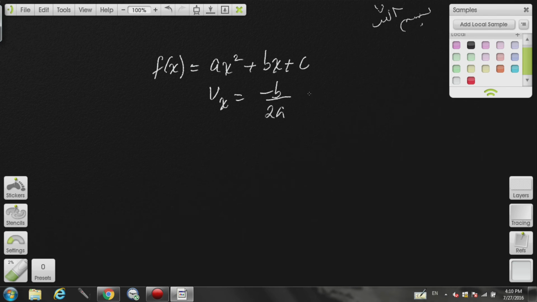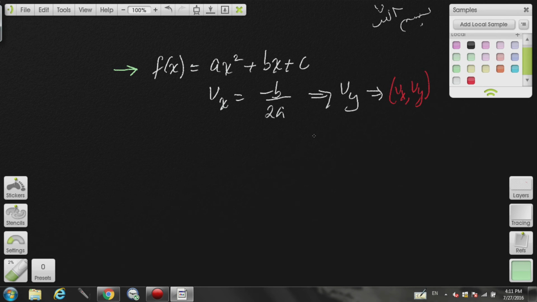From here, first you find the x coordinate of the vertex and then the y. And then you have both the Vx and Vy, and then you can plot this. You have the axis of symmetry, and then you need 2 more points, one on each side of the axis of symmetry. You're done.